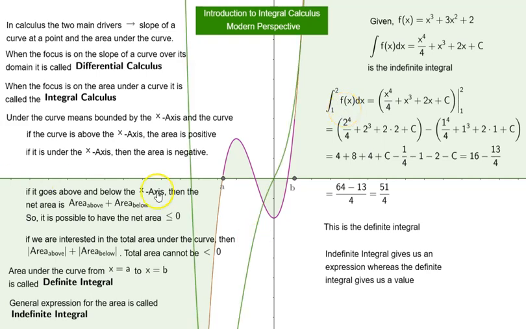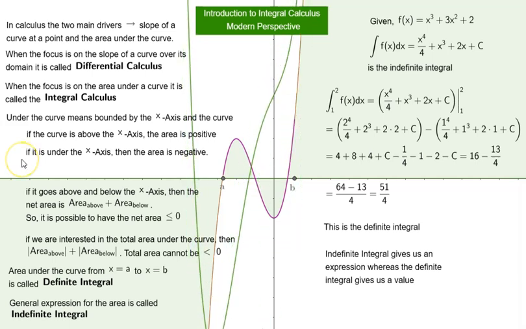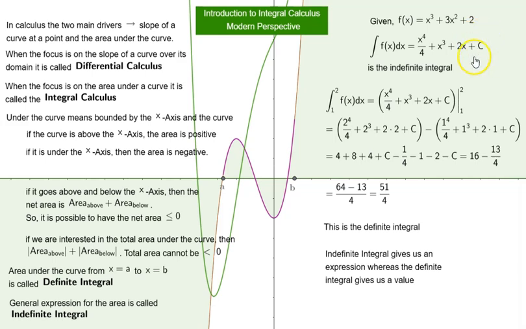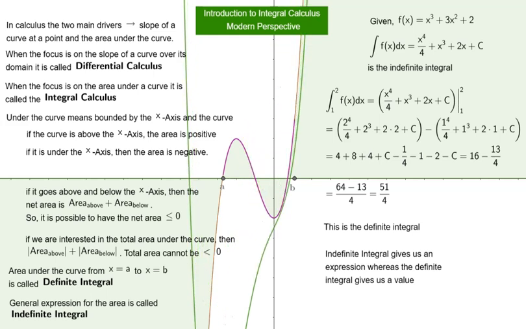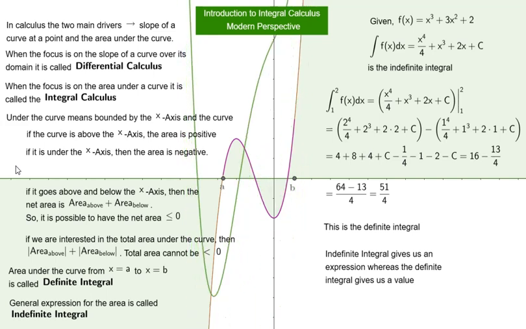Now, here, this graph could be anywhere. It would still represent the area under the curve. And that is where this C comes in. C gives us the y-intercept. Remember? So, but in every other respect, the graph is same, except the y-intercept.